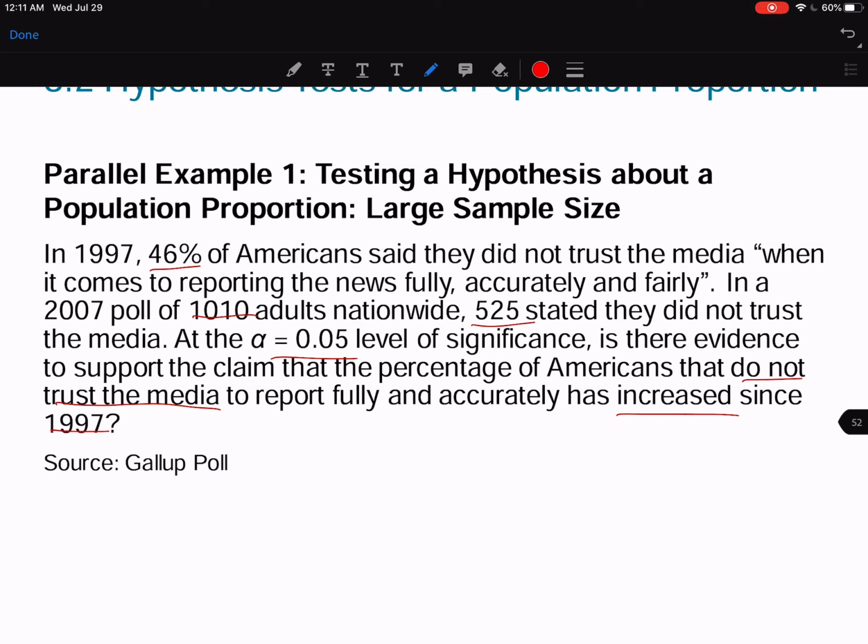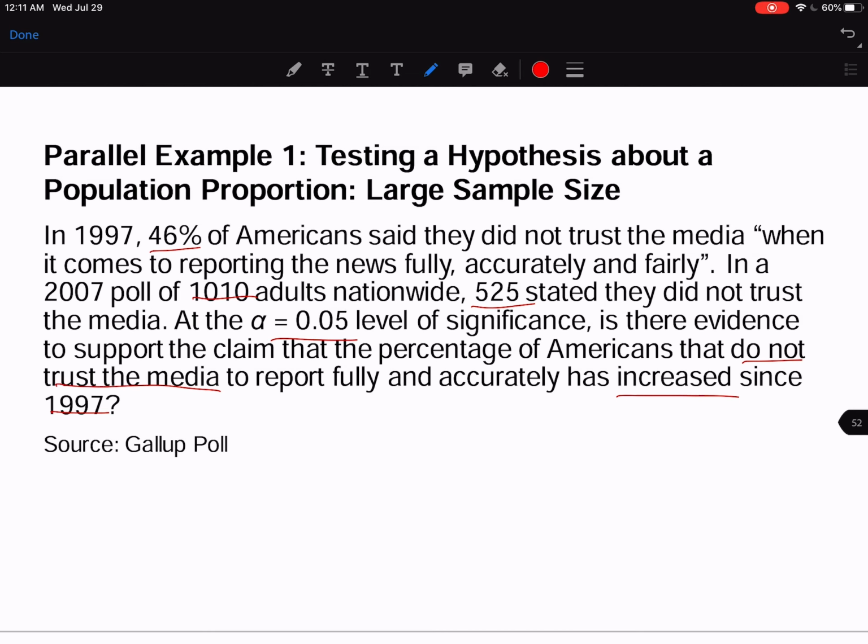Okay, now if we want to test if the population proportion has increased or not, first of all, we want to set up the null and alternate hypotheses, right? And of course, the p sub 0 over here is equal to 0.46. That was the old population proportion.